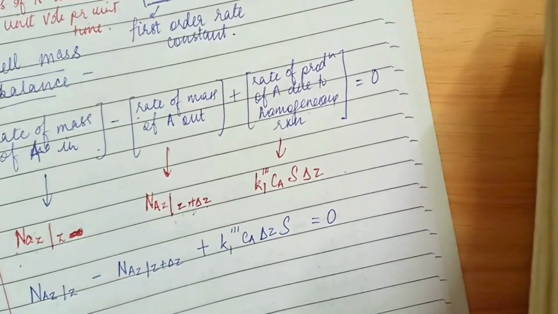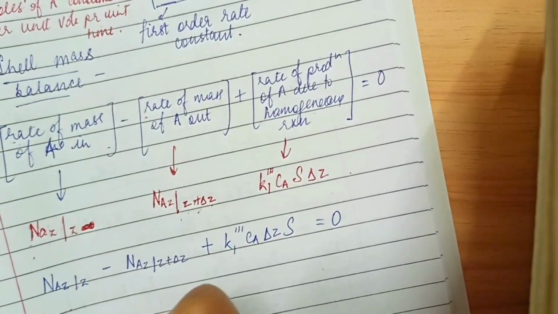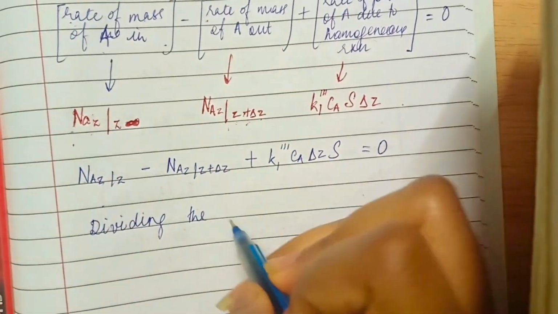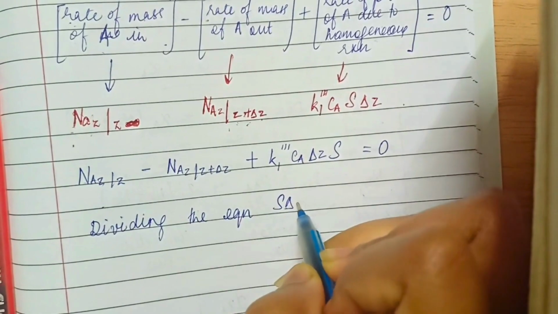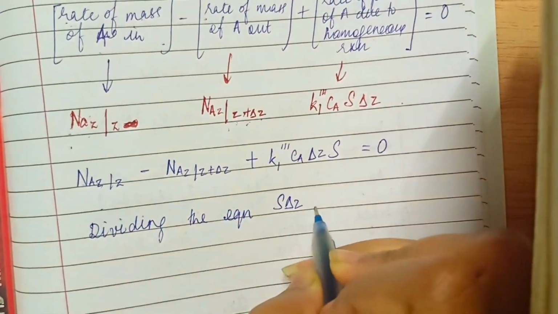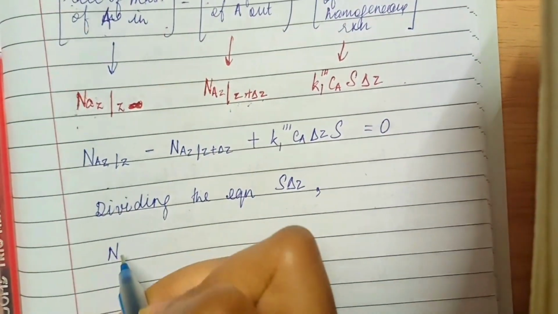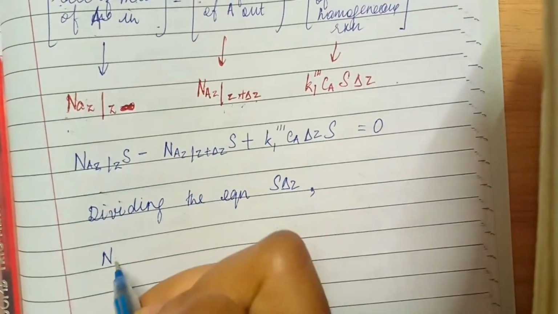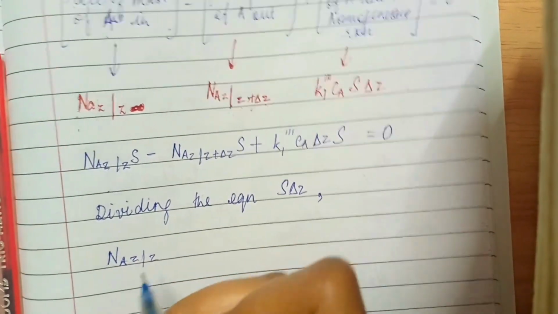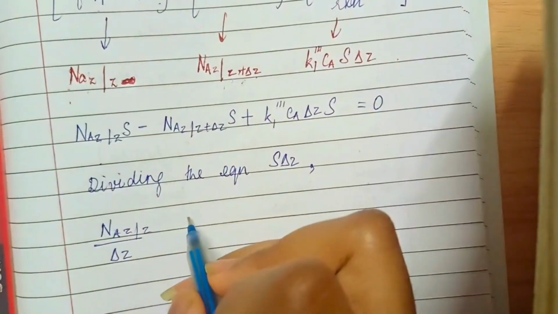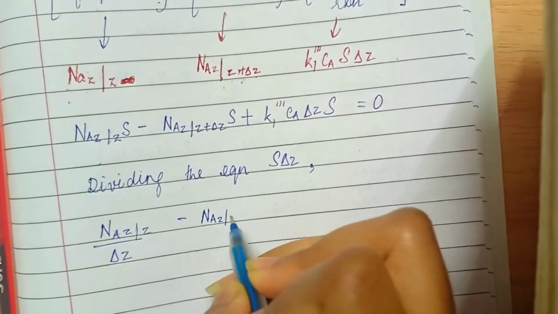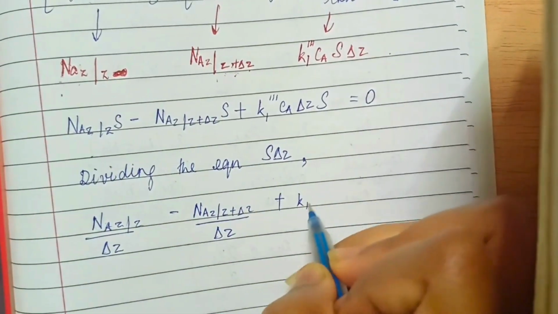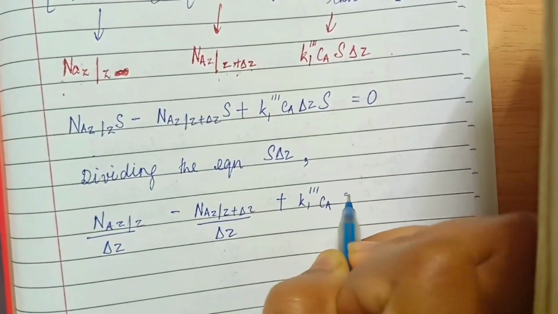Now what we have to do first is we will divide the equation by S into delta Z. By doing so, we get the equation as NAZ at Z by delta Z minus NAZ at Z plus delta Z by delta Z plus K1 triple prime CA is equal to 0.